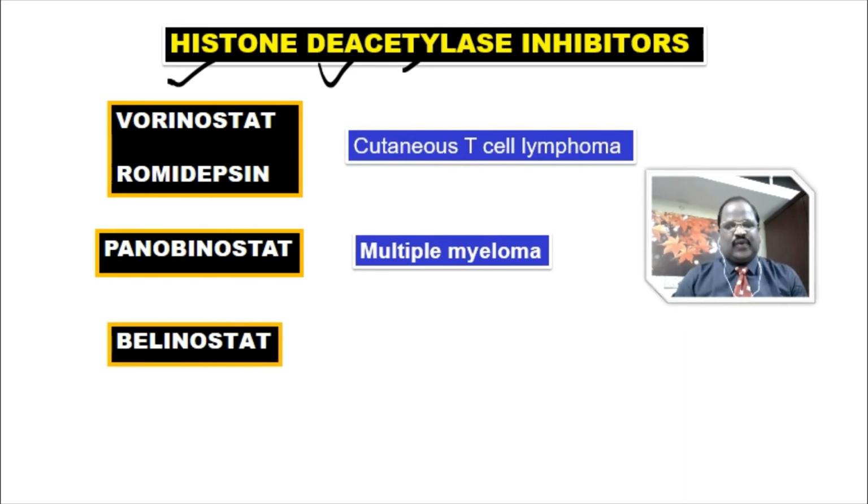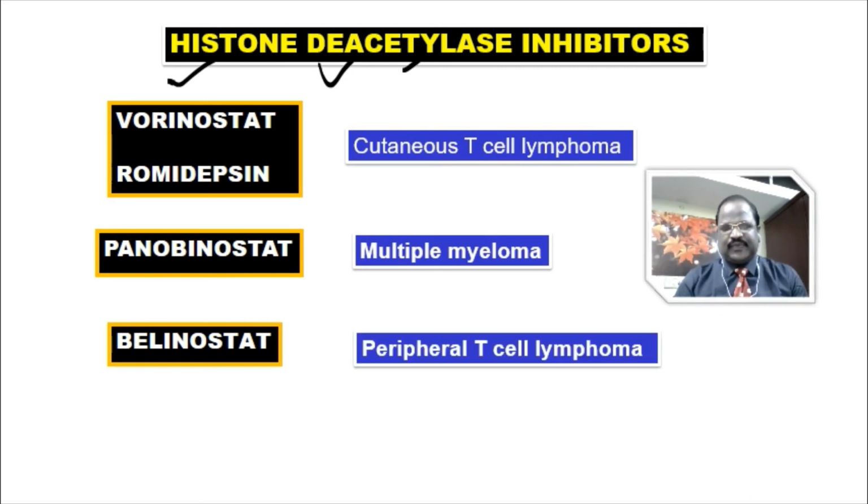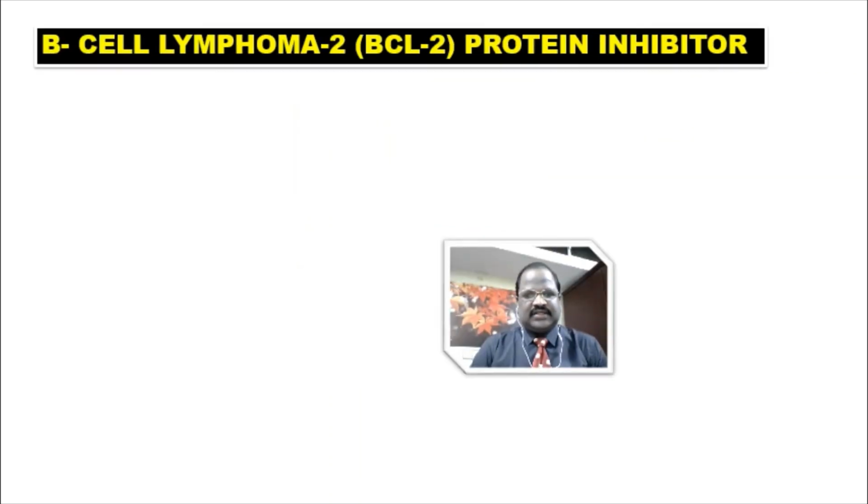And then we have one latest drug called BELI, belinostat. It is also a histone deacetylase inhibitor useful for treatment of peripheral T-cell lymphoma. Drug name is belinostat.